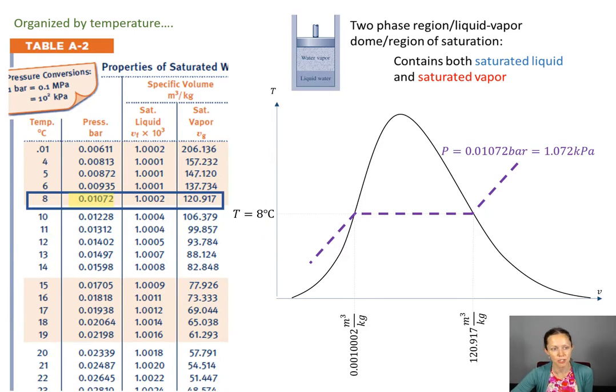So the saturation pressure. If I draw a line of constant pressure, so anywhere along that purple dotted line, my pressure is 0.01072 bar or 1.072 kilopascals. That's my saturation pressure at 8 degrees Celsius for water. All right, and that's pretty much it.